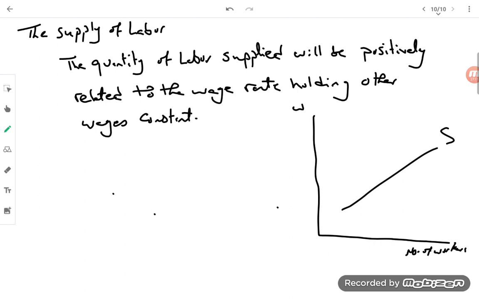What are the factors that can affect or lead to a shift of the supply curve? We have one main factor that can affect the supply curve of labor in a specific position. This is, by the way, the market supply curve.